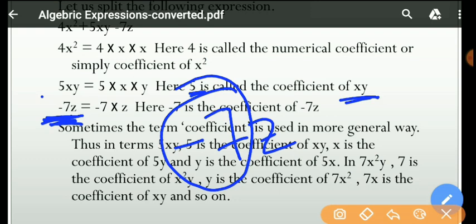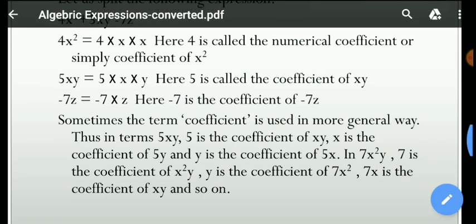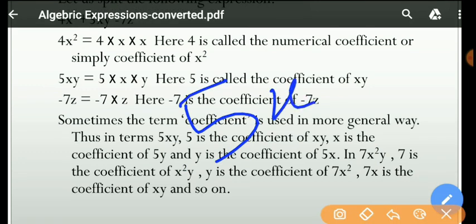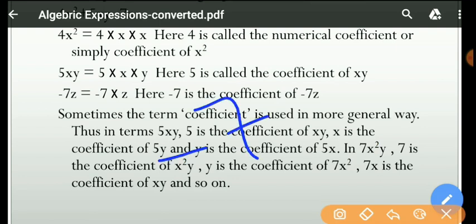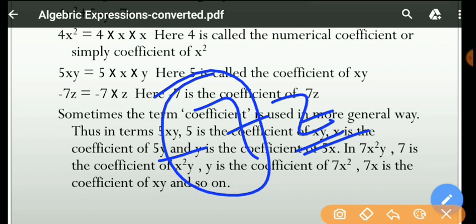No, minus 7 is the coefficient of z. When we are writing 5x, the plus is present there, but we already know that sometimes we don't write the plus when nothing is present, so you can think that it is plus. Similarly, when we are writing minus 7z, the coefficient of z is minus 7.